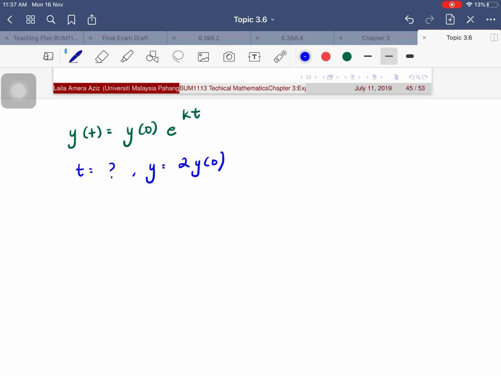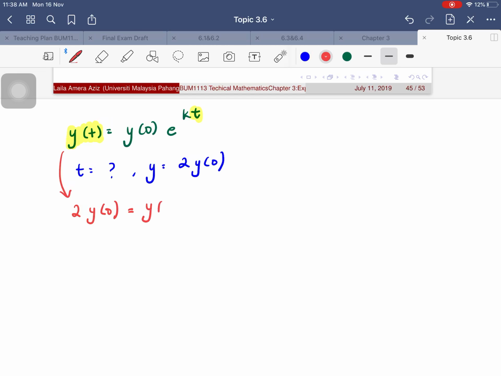So now all we have to do is substitute. The t is what we're interested in. We already know the value of y. For this case, the value of y is going to equal twice y0.